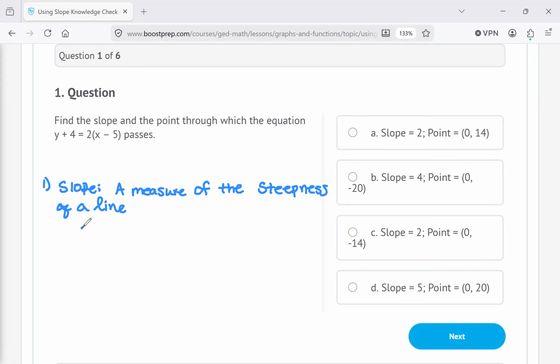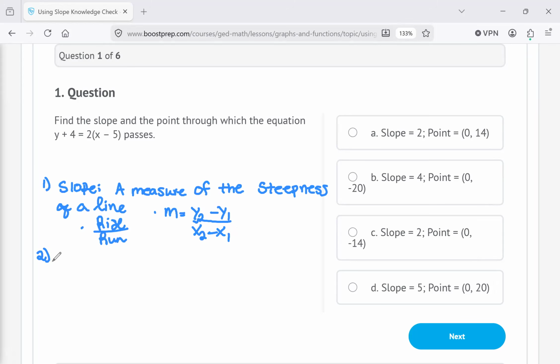You've probably seen it as rise over run, and you've also seen it as m equals y2 minus y1 over x2 minus x1, right?